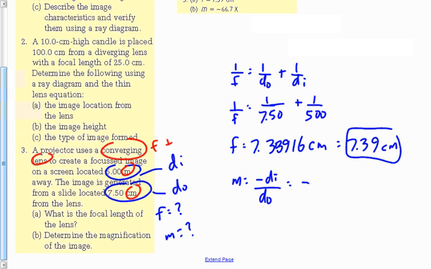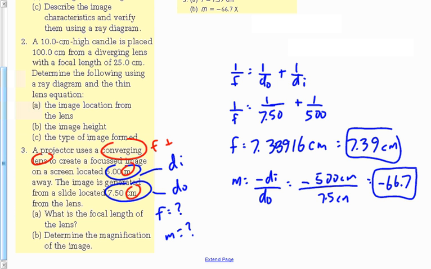So negative DI is negative 500 centimeters over DO, which is 7.5 centimeters. That's going to give me 66.7? Yes. We're not asked to find the characteristics here, but we could do it.